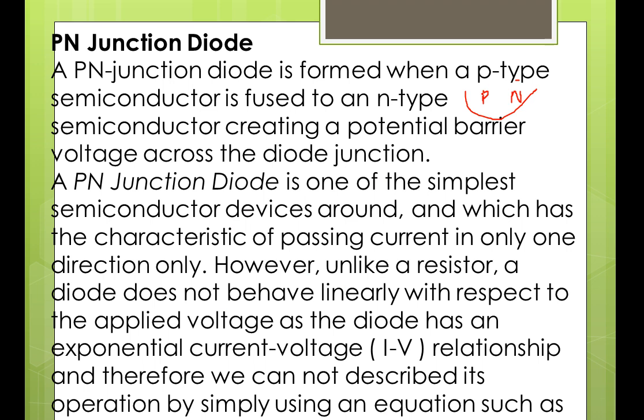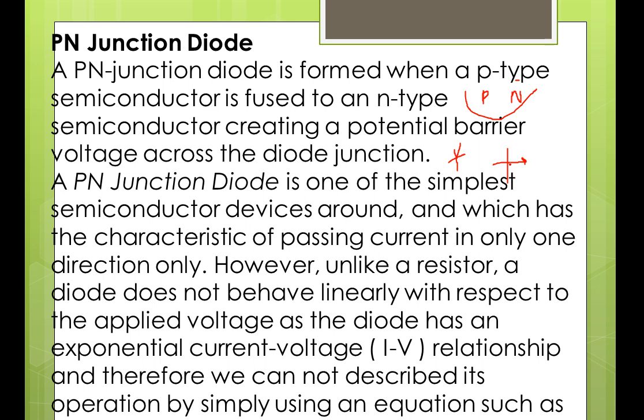For example, if you draw the VI characteristics of the resistor, it will be linear. If you draw the VI characteristics of the diode, it will be in exponential form.